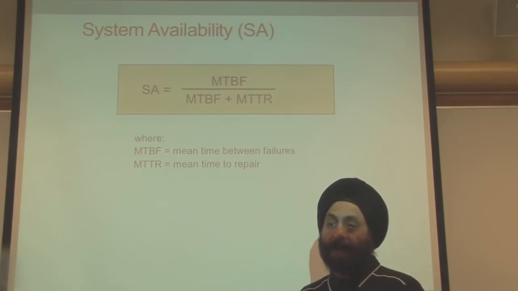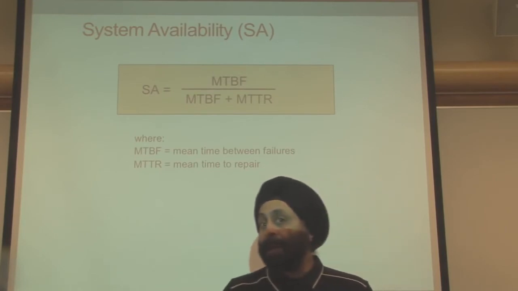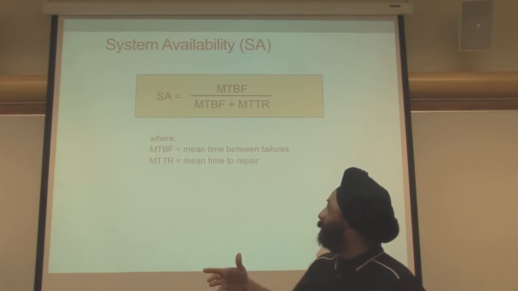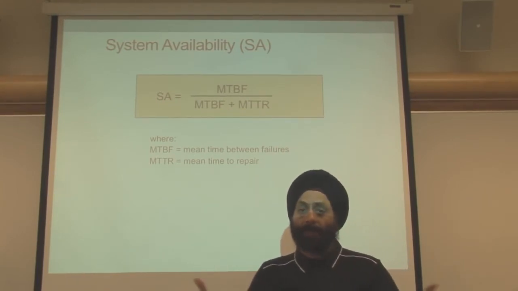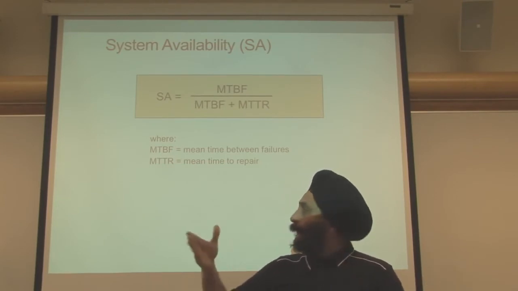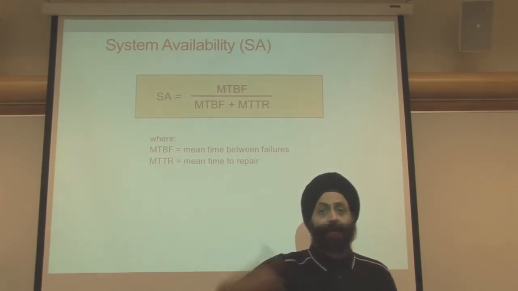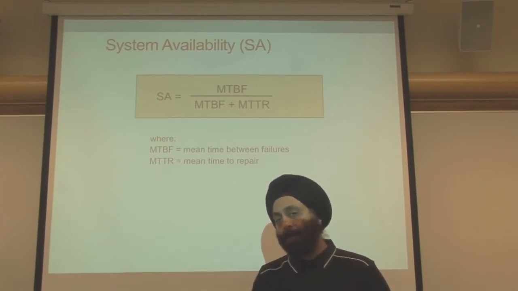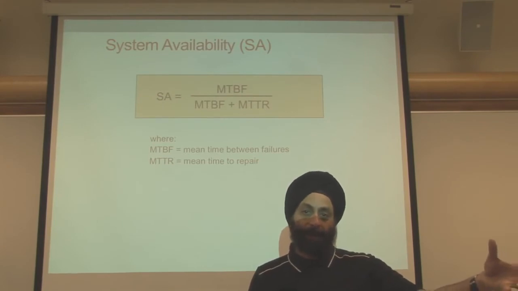Maybe it's listed as that machine breaks down once every month, okay? And the question is, once it breaks down, how long does it take to fix it? Maybe it takes 2 hours to fix it. So you're looking at the actual time between failure is 30 days, because every 30th day it breaks down on average. Whereas it takes only 1 hour to fix it.